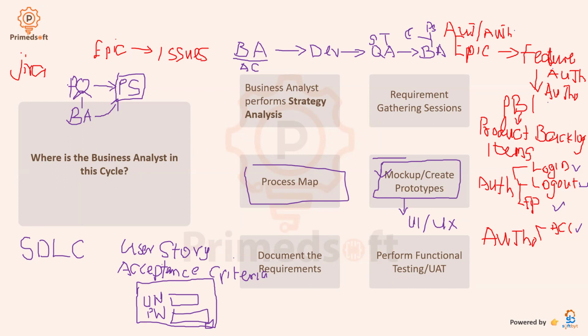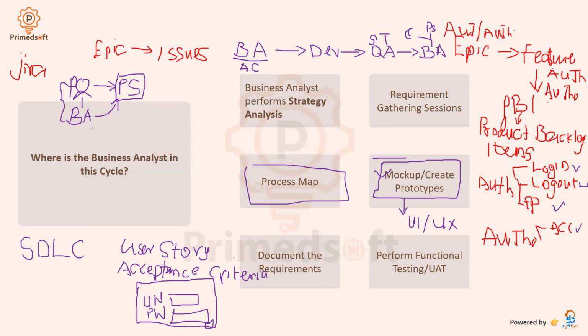But most times you can find a company where we have a BA and a PO, and you can find a company where we just have one person that will act in both positions. If we have these two positions, the work becomes lighter for the BA.